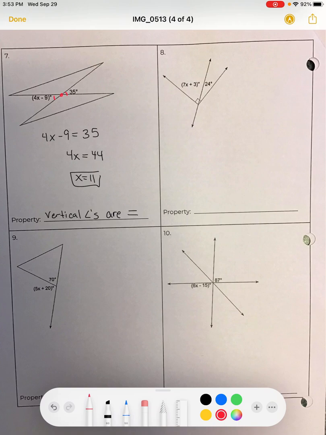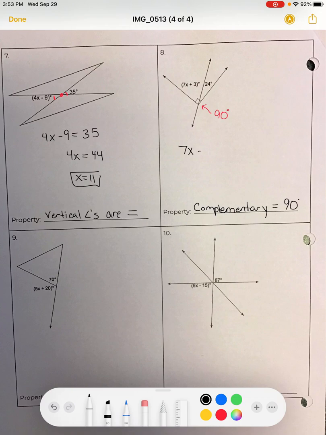The next one's the kind I like the best. It says there's a box in the corner. We know the box in the corner means 90 degrees. So 90 degree angles are complementary angles. Complementary equal 90 degrees.